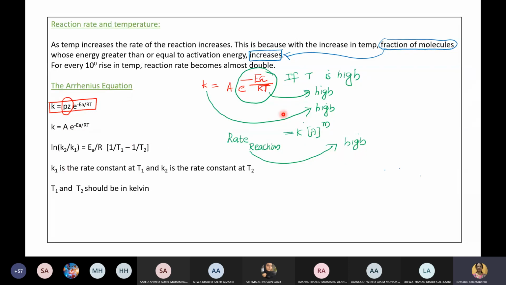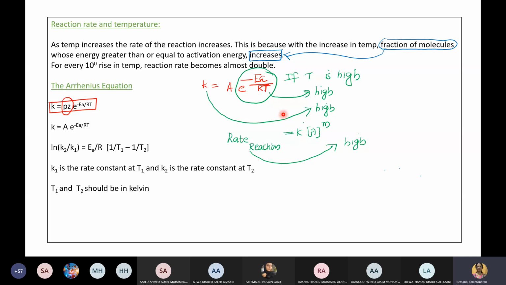Another very important thing is the rate constant K does not depend on the concentration of the reactant, but it's a constant. Rate constant is a constant for a reaction at a temperature. When you change the temperature, K value will change. Is it clear for you?